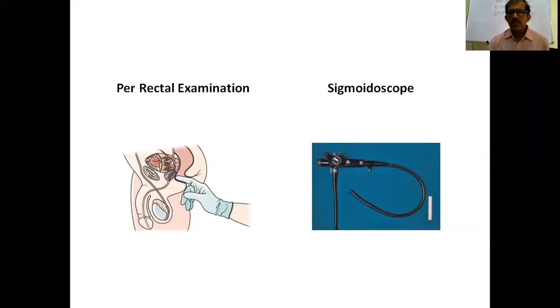The first one is lithotomy, which we mainly use for surgery. Sims position for ladies. Knee elbow position for males. Okay, and you can introduce your finger, a well lubricated finger.